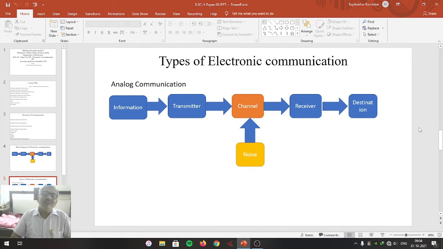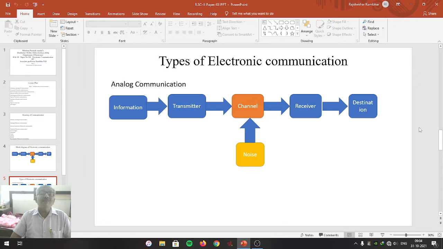That signal we can call the analog signal. And the electronic communication system that propagates the information in the form of continuously varying signal as either current or voltage from transmitter toward the receiver, or even up to the destination, that is called analog communication.